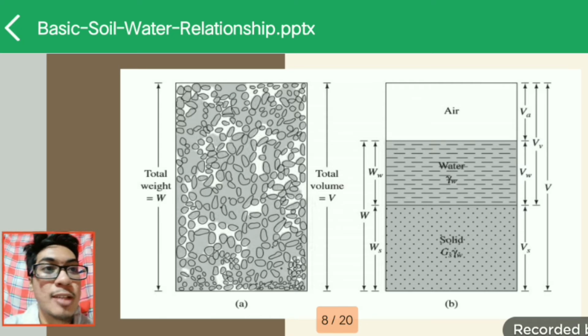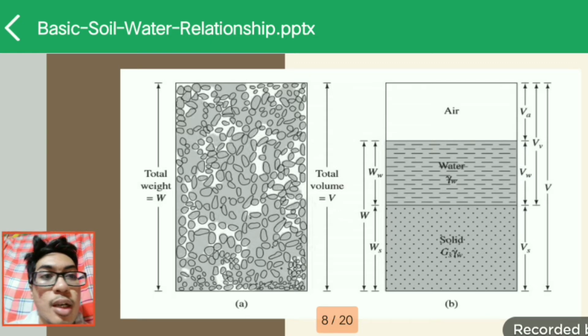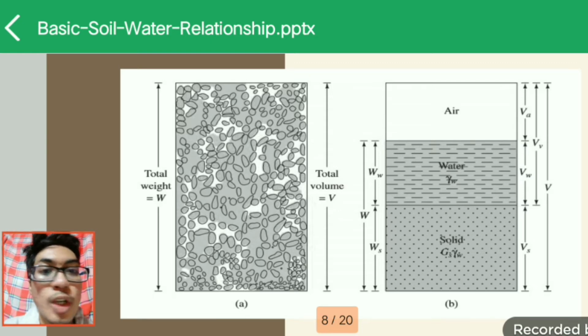So in an ideal world, we arrange them in a pattern in terms of their densities. As you can see, the solid is at the bottom because it's the most dense among the phases in a soil sample, followed by water in the middle, and then the air at the top, which is the least dense among them.